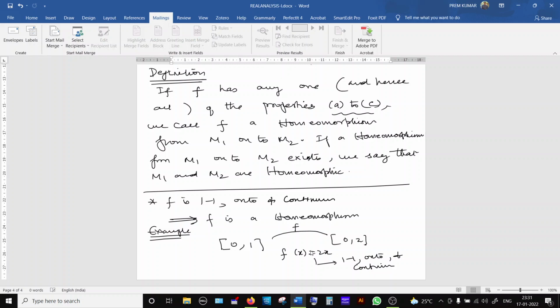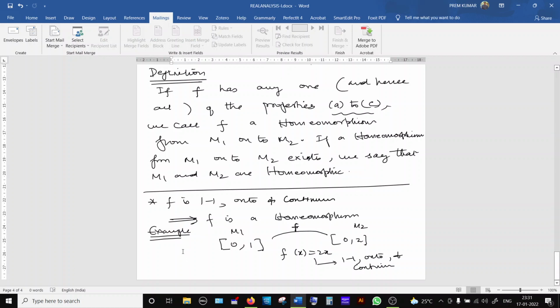Definitely it is continuous because 2x is a continuous function; for every value of x, the function value exists. So it is continuous, one-to-one, onto. Therefore this is a homeomorphism between these two metric spaces M1 and M2. Both the metrics are the absolute value metric, and so these two sets we call homeomorphic to each other.